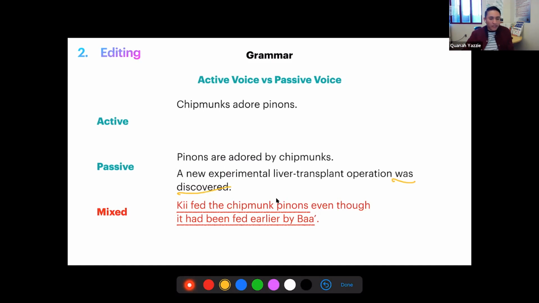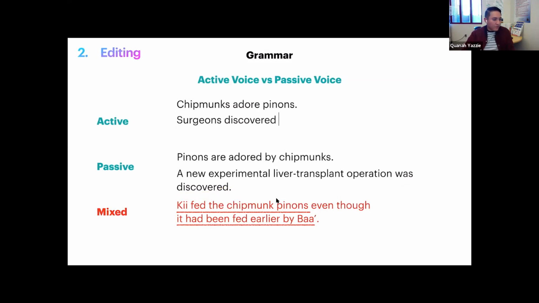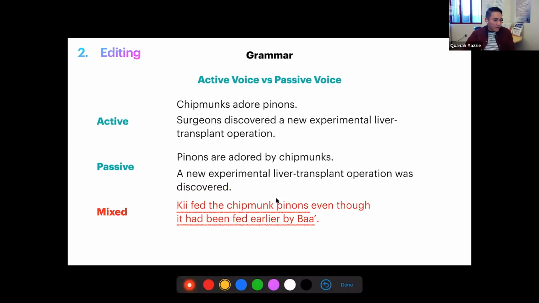It was just discovered. And let's go look at the top one here. This is supposed to say by surgeons. I just saw that just now, because this is our subject.